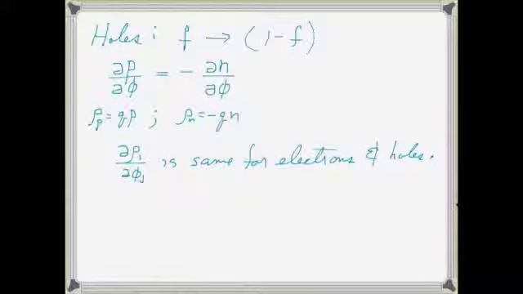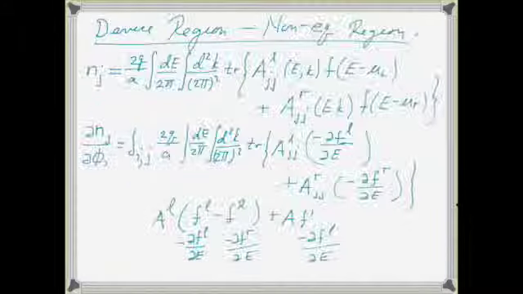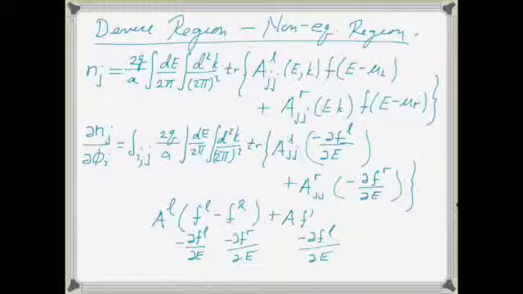It comes about when you have both electrons and holes in the problem. If you go back and look at this expression, the integration over energy, I didn't write any limits. You're going to have a band gap of some finite size.